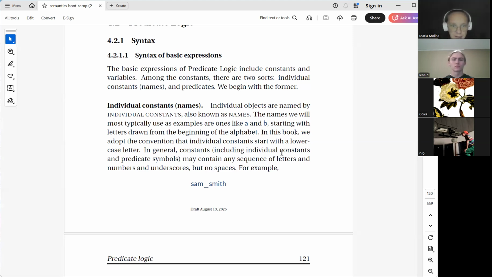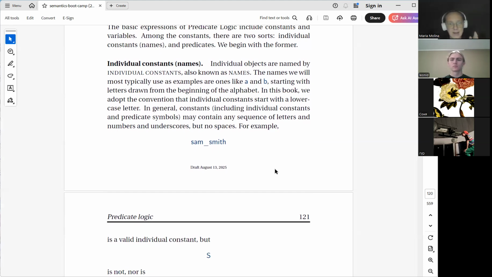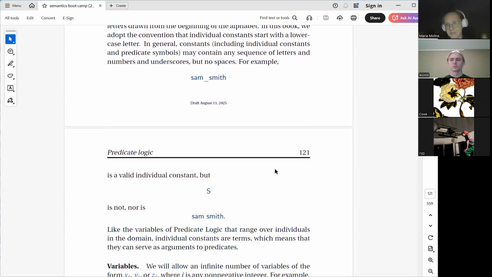And first, we're talking about individual constants, also known as names. Typically A and B, but it can be any other letter, of course, or any other big name.